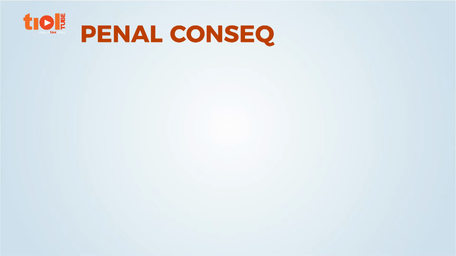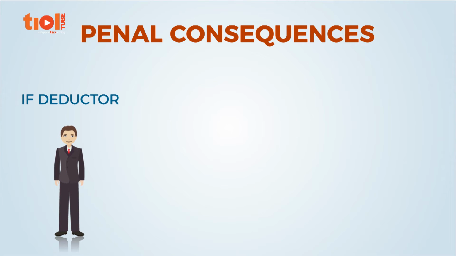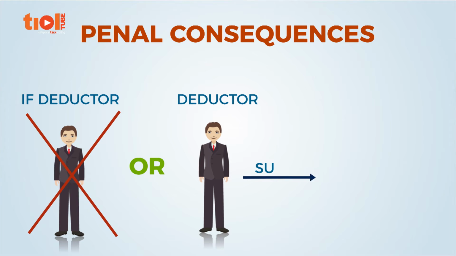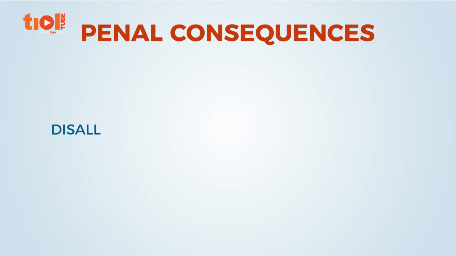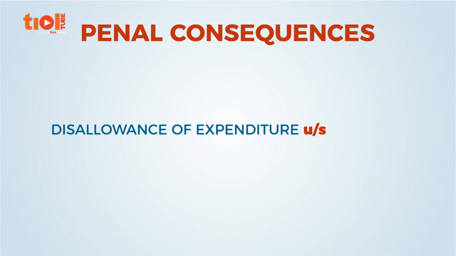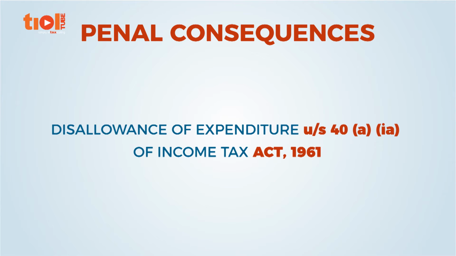Penal consequences. A deductor would face the following consequences if he fails to deduct TDS or after deducting the same, fails to deposit it to the credit of the central government's account. A. Disallowance of expenditure as per Section 40A1 of the Income Tax Act 1961.